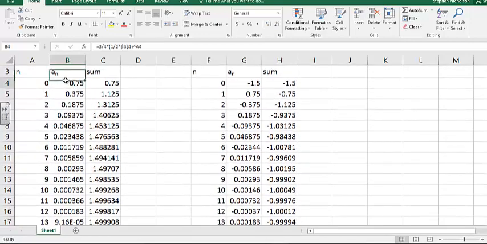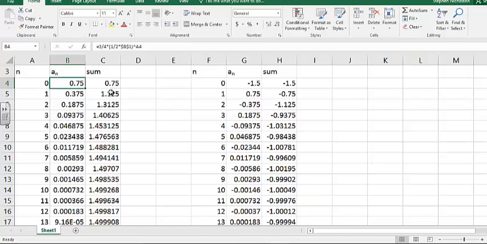This is a sub n, which is 3/4 times (1/2 x) to the n power. With x equal to 1 and n equal to 0, you just get 3/4. The second term in the series is 0.375, and the third term is 0.1875.